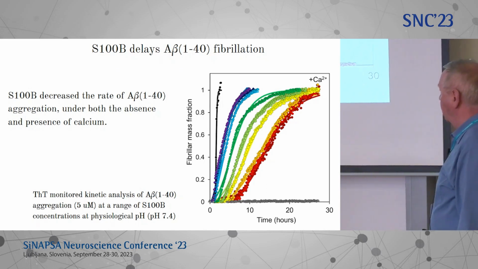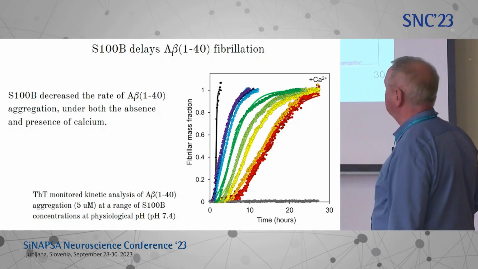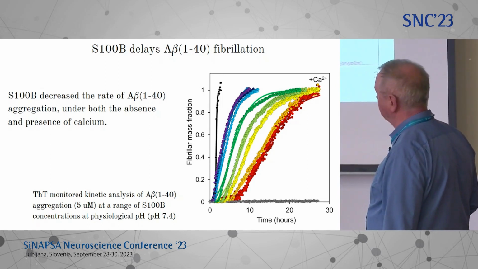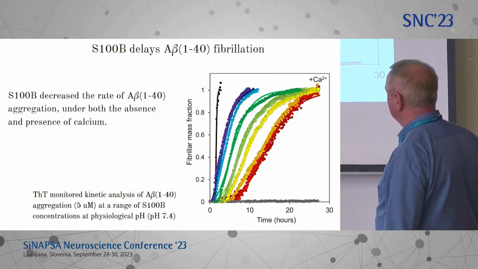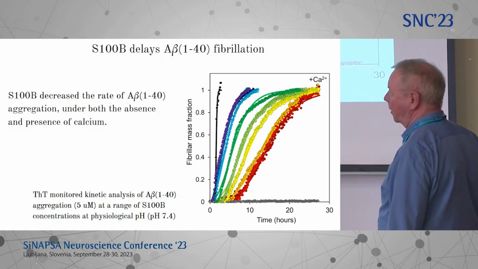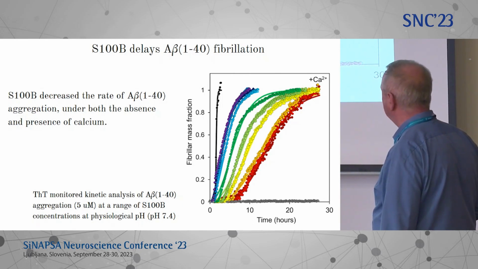We also have thioflavin data which showed that S100 beta strongly inhibits the fibrillation of A beta peptide.